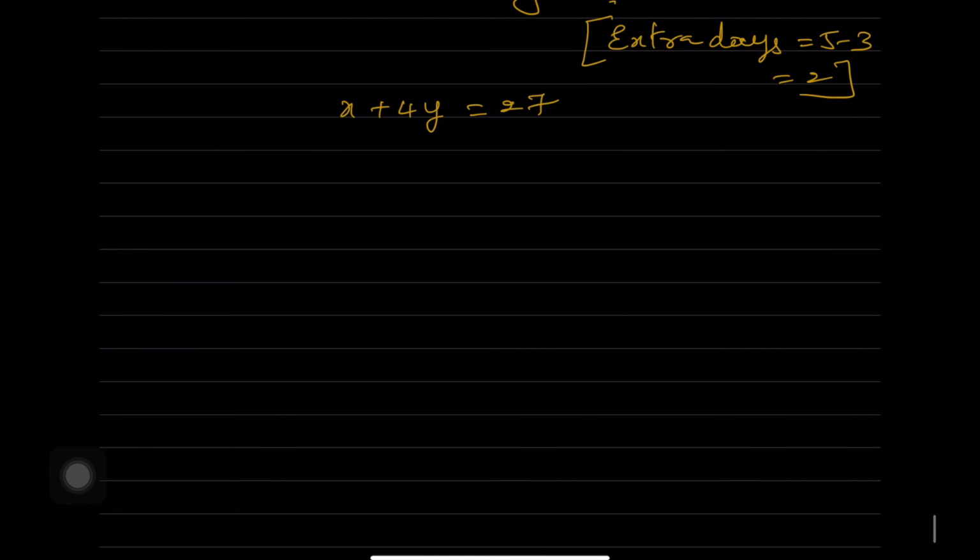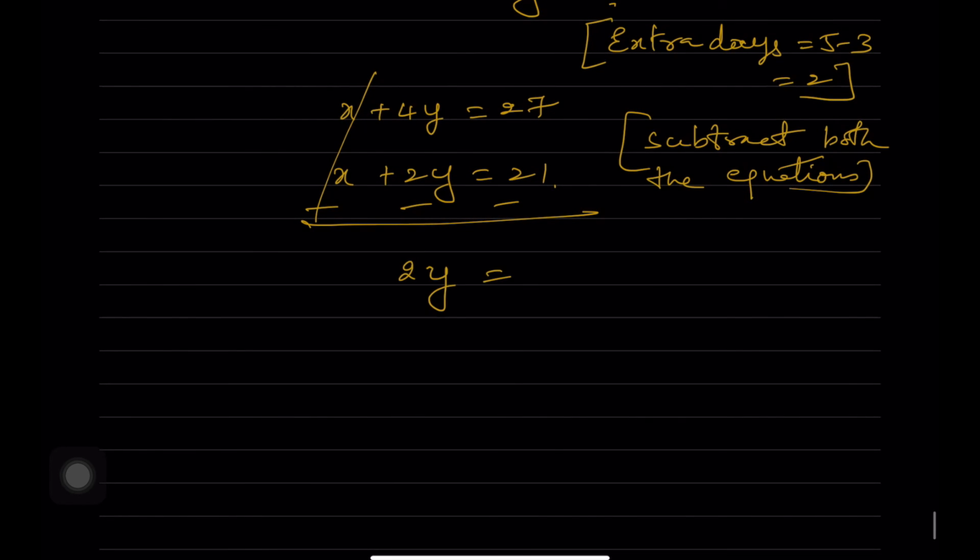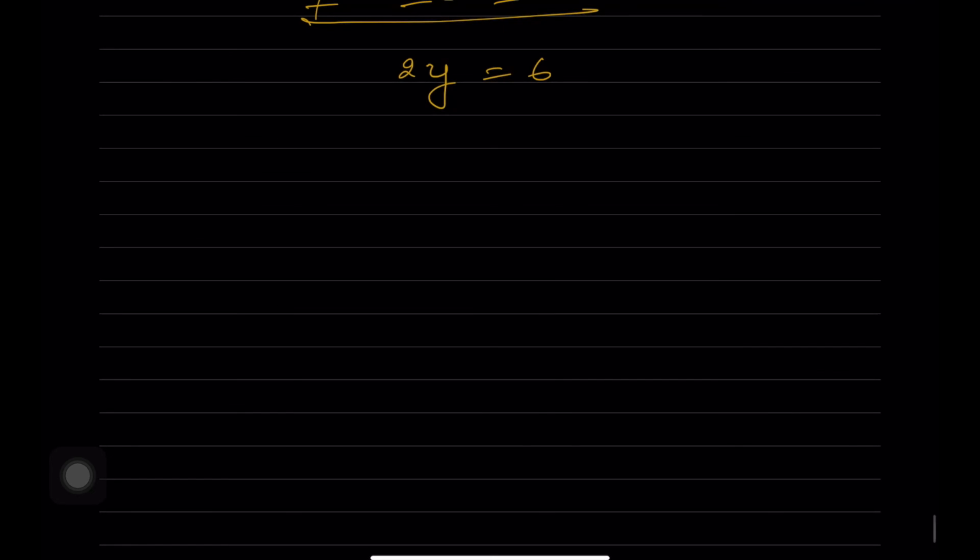So subtracting equation 2 from equation 1, we get 2y is equal to 6. So y is equal to 6 by 2, which is equal to 3.